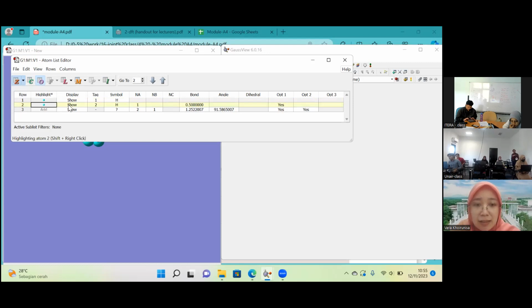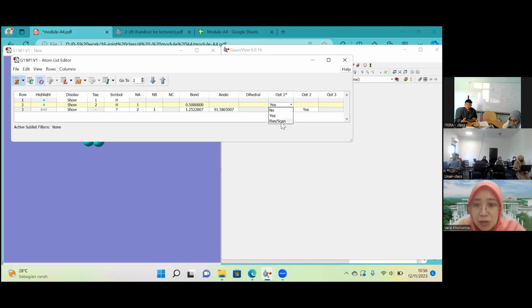So this tag, the first hydrogen is tagged by 1, and then this is the second one. So we put the second atom here, and this will be the bond between the second hydrogen and the first hydrogen. And then this bond is the one that we want to scan.